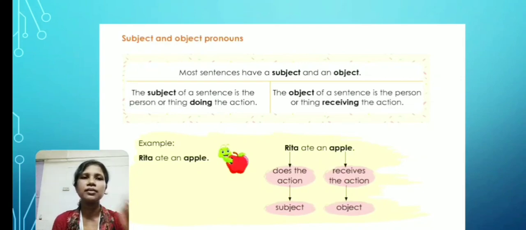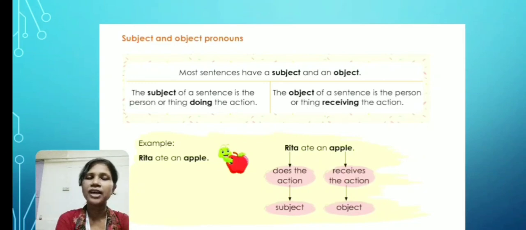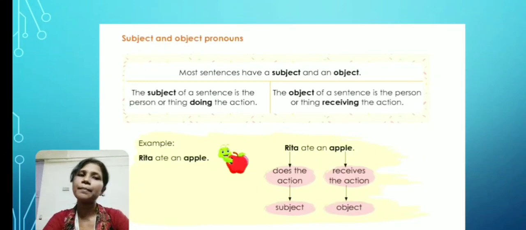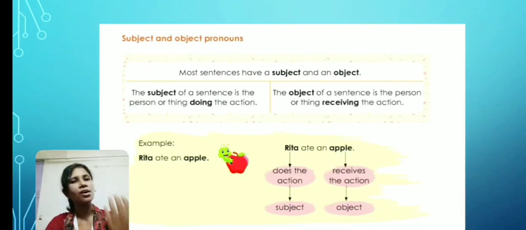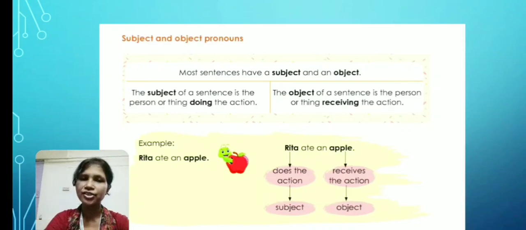So Rita has done the action and it is called the subject. And apple receives the action. It means it is the object. So my dear students, a sentence comprises a subject and an object. So a subject does the action and an object receives the action. I hope it is clear to you.